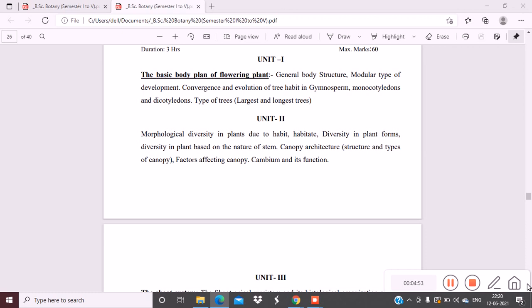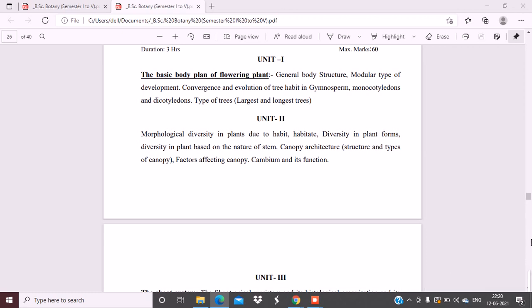Now Unit 2: morphological diversity in plants due to habit and habitat, diversity in plant forms, diversity in plants based on the nature of the stem, canopy architecture, factors affecting canopy, cambium and its functions. Study cambium and its functions in detail from Pradeep's Biology.